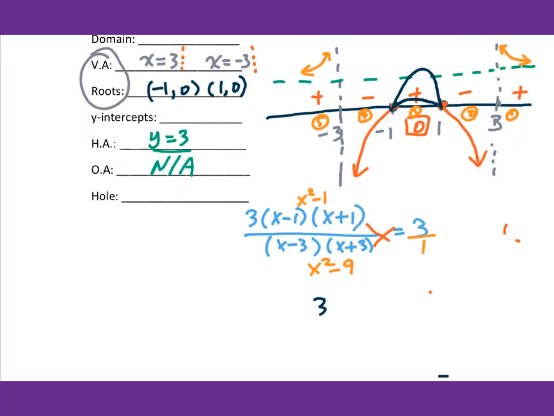You will get 3x squared minus 3 equals 3x squared minus 27. 3x squared, 3x squared is gone. You get negative 3 equals negative 27. It won't happen like this forever. This means the graph won't pass through this horizontal asymptote line. Therefore, the graph will be like this.